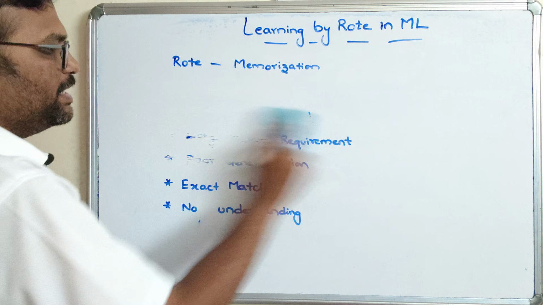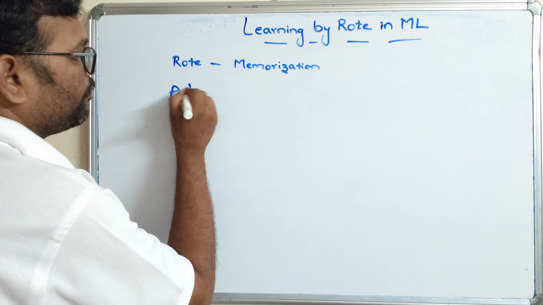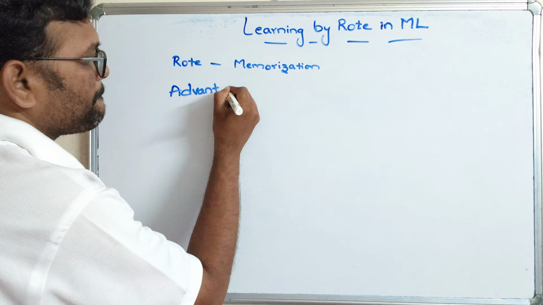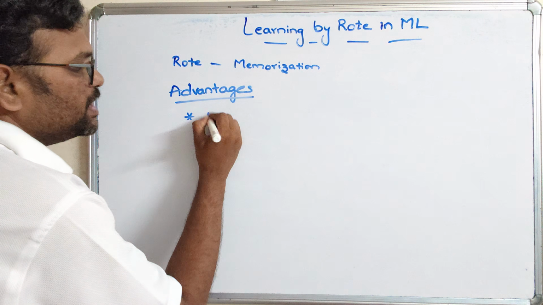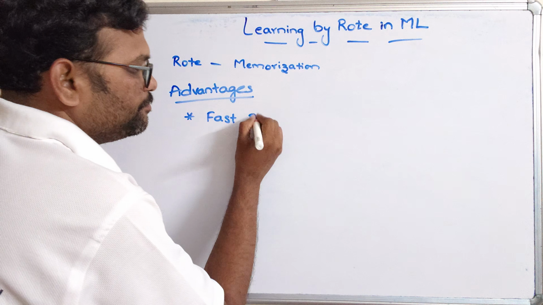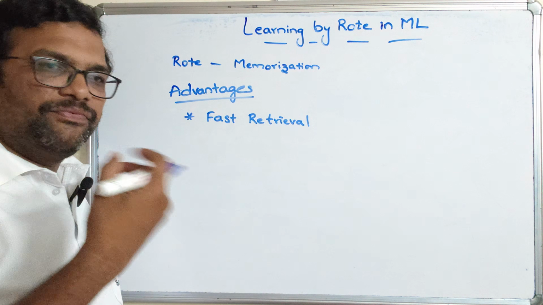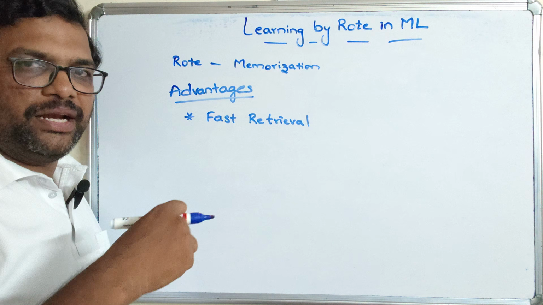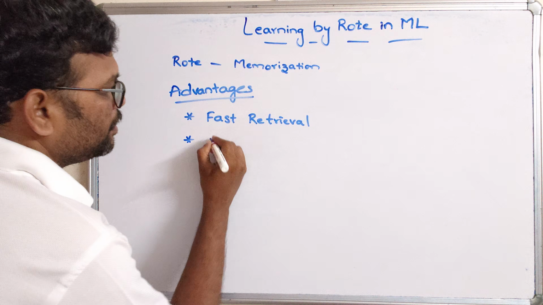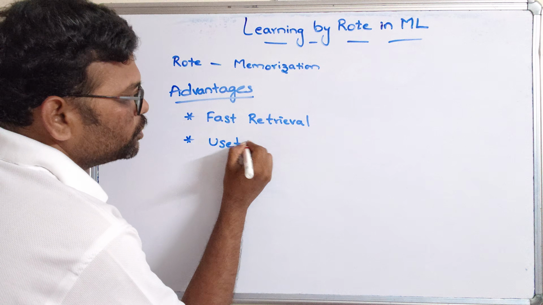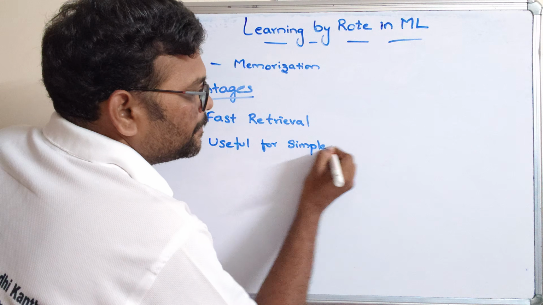Next, what are the advantages? The first one is fast retrieval, because if there is an exact match, automatically it will retrieve the data. So it's very fast in retrieving the data. It is useful for simple systems.